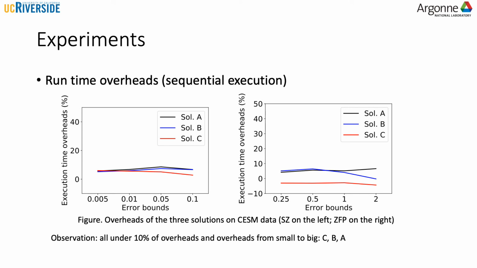You can see that the performance overhead of all the three solutions are under 10%, no matter it is using SZ or ZFP. And from solution A to solution B to solution C, the overheads tend to decrease. The performance overheads on the other three datasets are also under 10%, so we didn't leave them all in the slides.